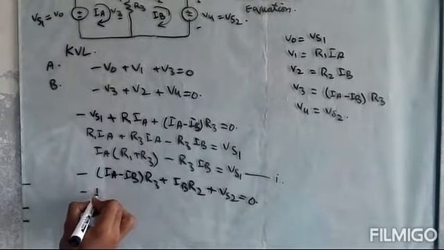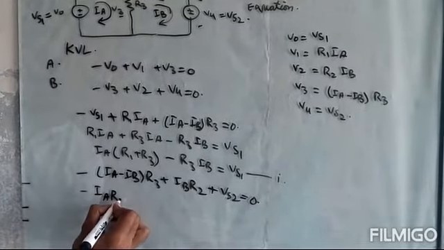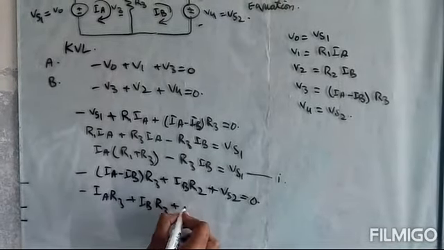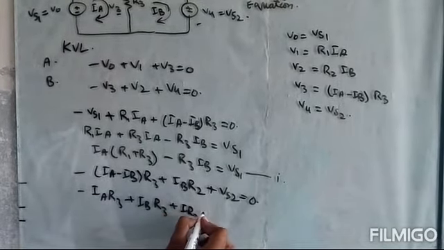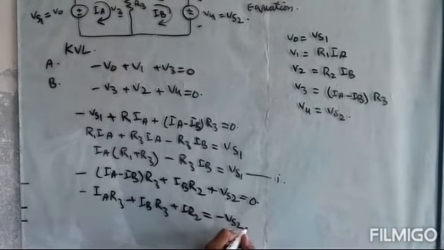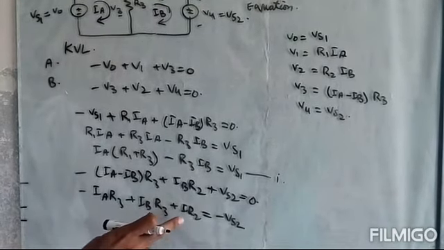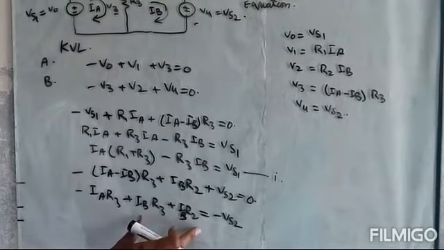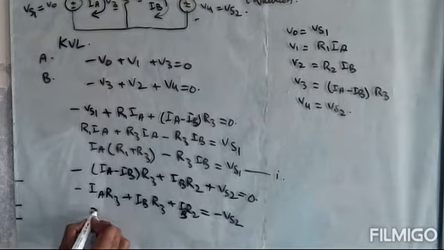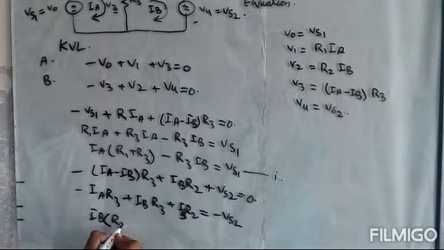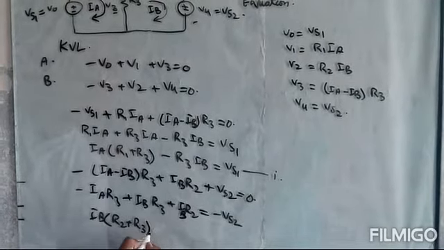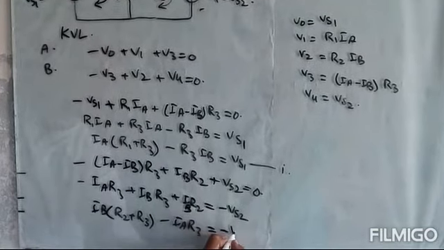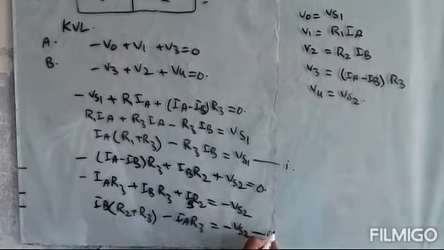So this is minus IA R3 plus IB R3 plus IB R2, and it is equal to minus Vs2. So this is IB R2 and this is IB R3. We can take IB common, so IB into R2 plus R3, minus IA R3, it is equal to minus Vs2. This is our equation 2.